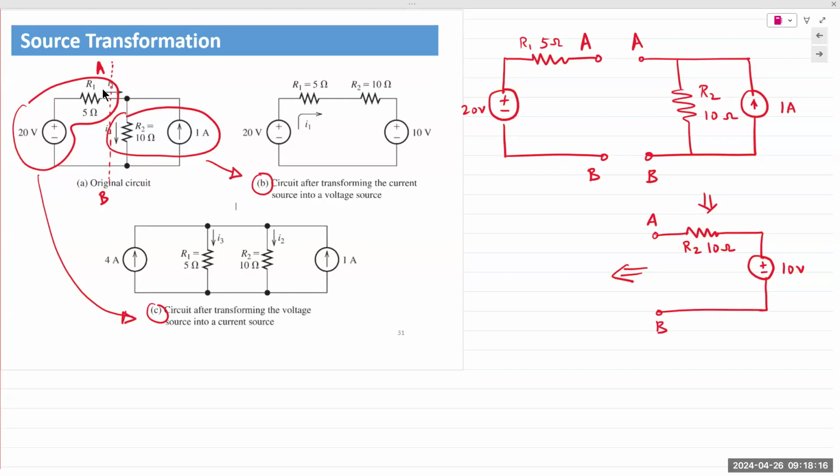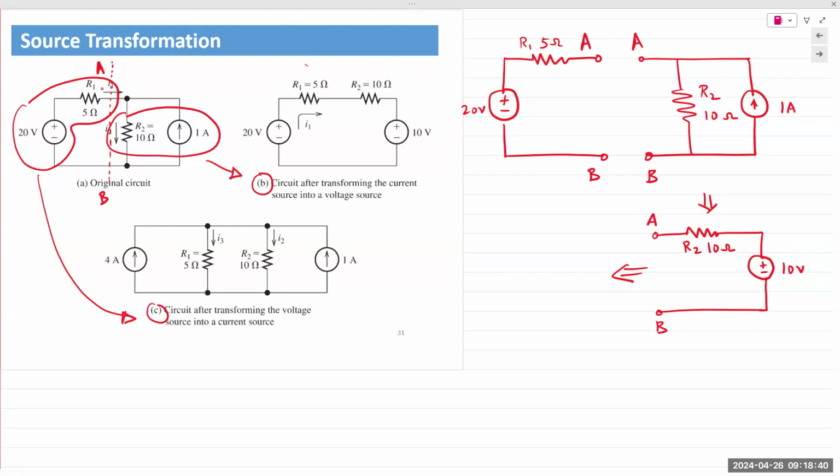Professor? So now, if you look at circuit number B, you can simply apply Ohm's law and determine what the current is flowing through that entire circuit. That's it. You can apply KVL. You apply KVL, you can find the voltages across those resistors, determine the current through there.